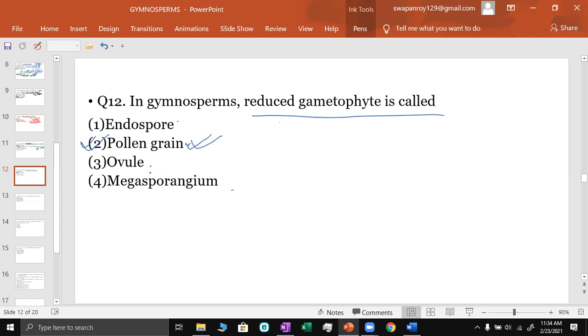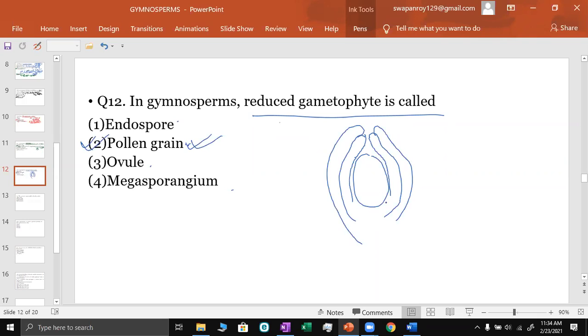If we see the ovule, it has a nucellus and it has integument. Nucellus and integument, so these are sporophytic. From the nucellus develops the megaspore mother cell.